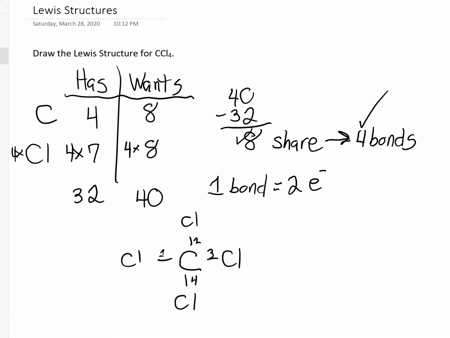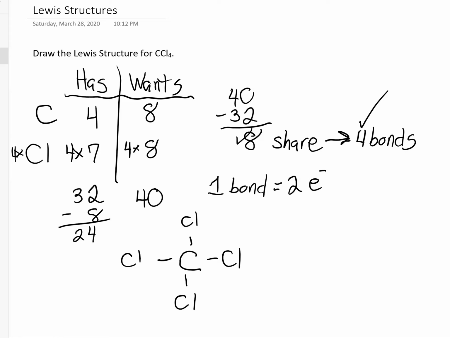Of the 32 I originally have, I've used 8, so that should be 24. So we've got 24 electrons remaining to be placed. Once we've got the bonds taken care of, we assign electrons to the most electronegative element. And the most electronegative element is, you guessed it, chlorine.